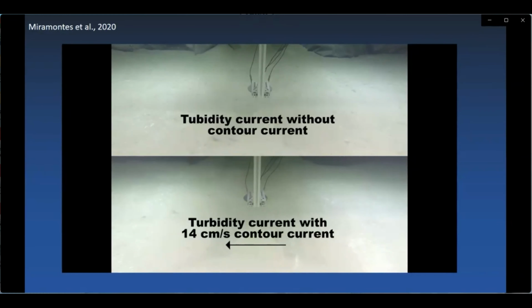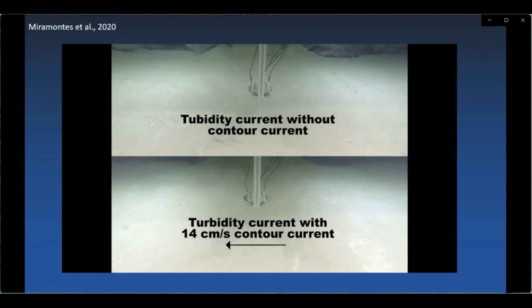Here is a flow tank experiment about the mixed system. The upper panel is without contour current, and the lower panel is with contour current from right to left, with a velocity of about 14 centimeters per second.